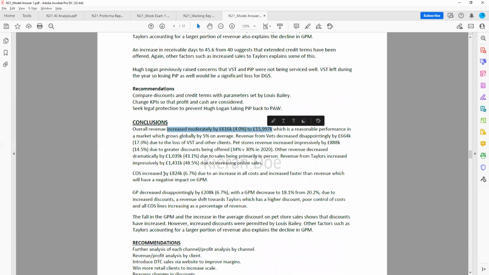Revenue's gone up, cost of sales have gone up, gross profit margin's gone down. They're facts. So whether you copy and paste it or type it from scratch, the factual parts are going to be the same. And in an executive summary, there shouldn't be anything in there which isn't in the main body of the report. So they're going to be very similar, almost identical.